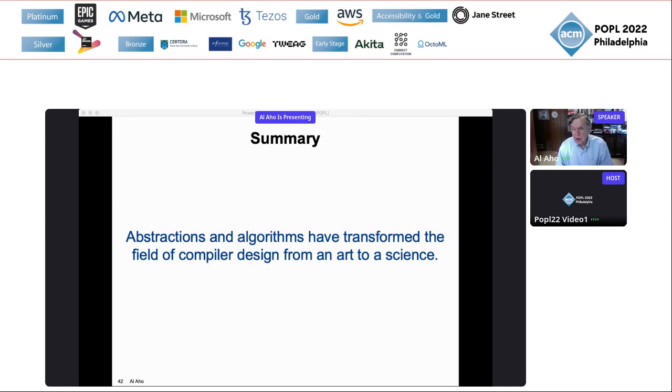And then you can use the existing target code generator as your back end of the compiler. And likewise, if you want to create a compiler for an existing language for a new machine architecture, all you have to do is create an LLVM IR to target machine code generator. So compiler design has changed considerably over the years.